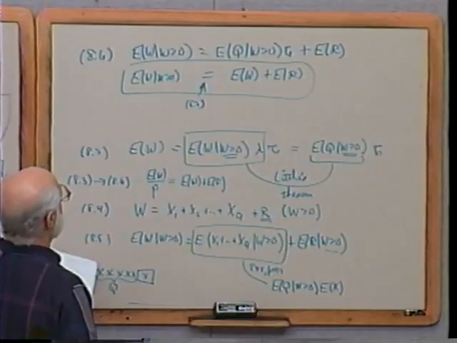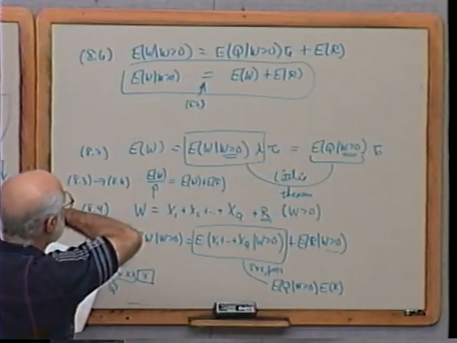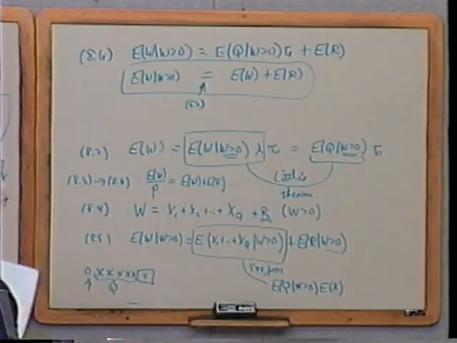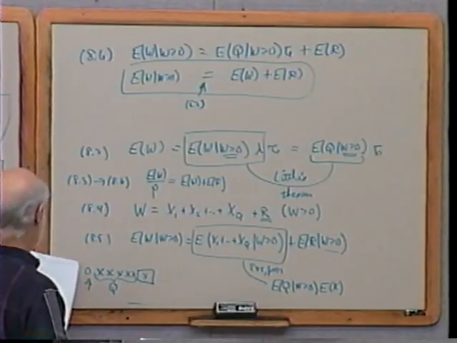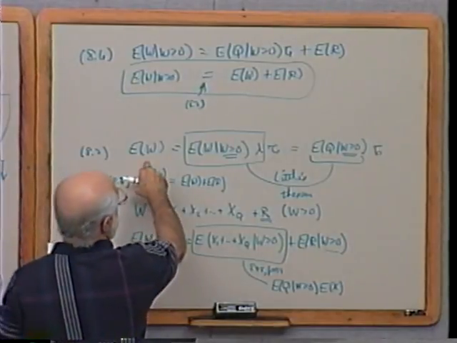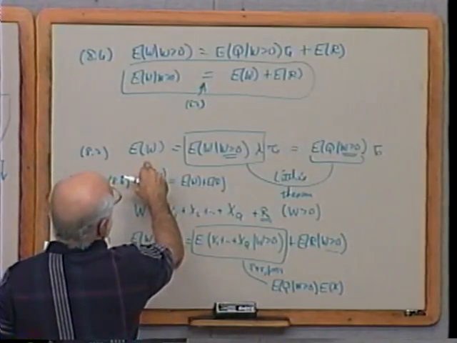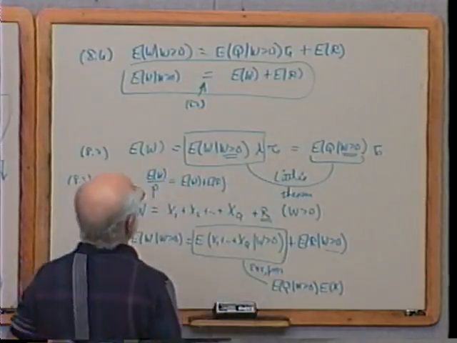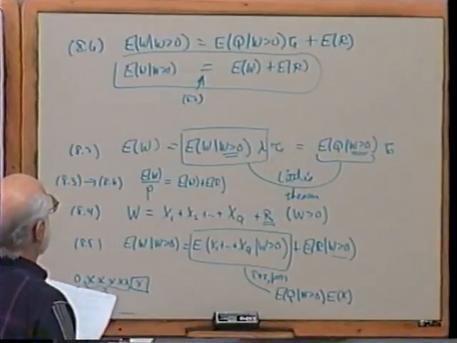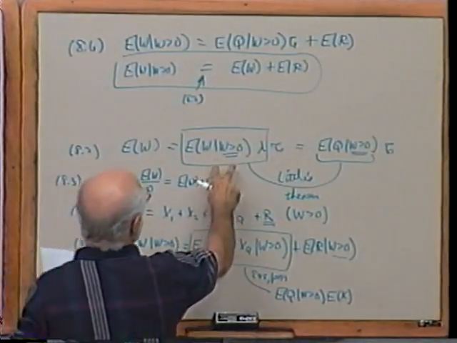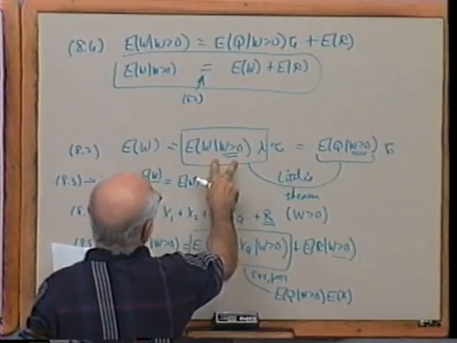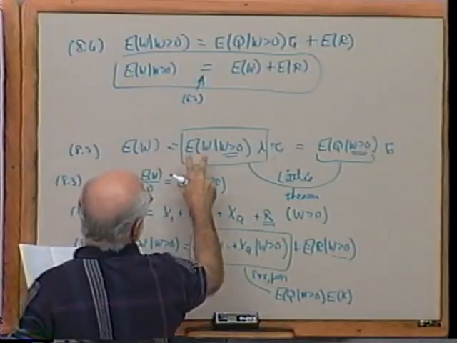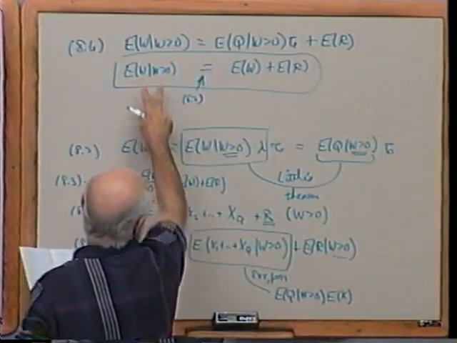Now let me go back and see how I did that. According to my notes here, I want to take 8.3 and put it into 8.6. Oh, I know what I'm going to do. I'm going to take this thing right here, and solve for that.